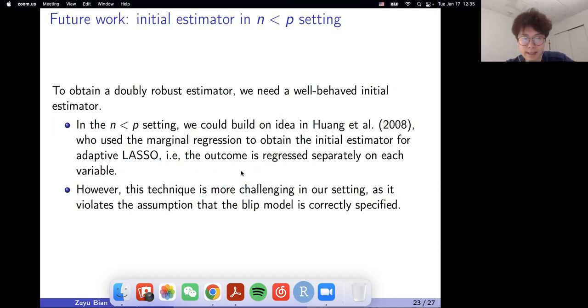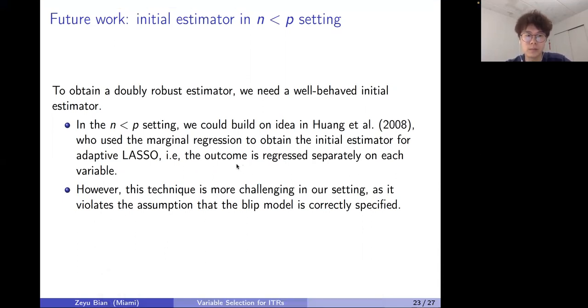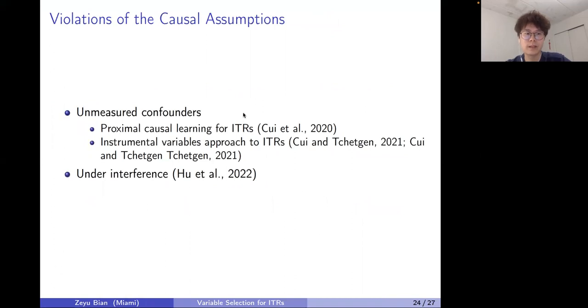However, this technique is more challenging in our ITR setting because it violates the assumption that the Blip model is correctly specified. And also some violations of the causal assumption.